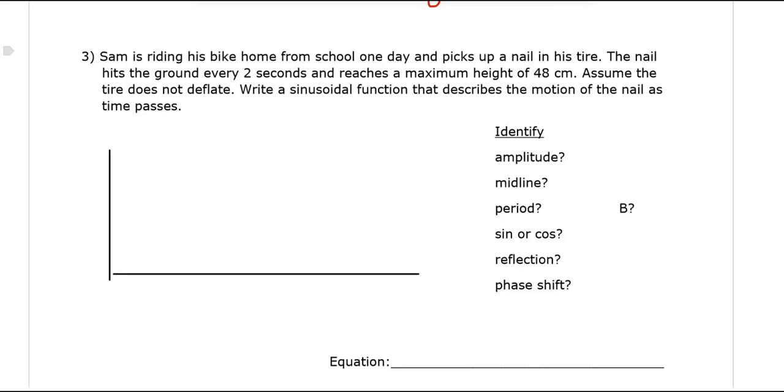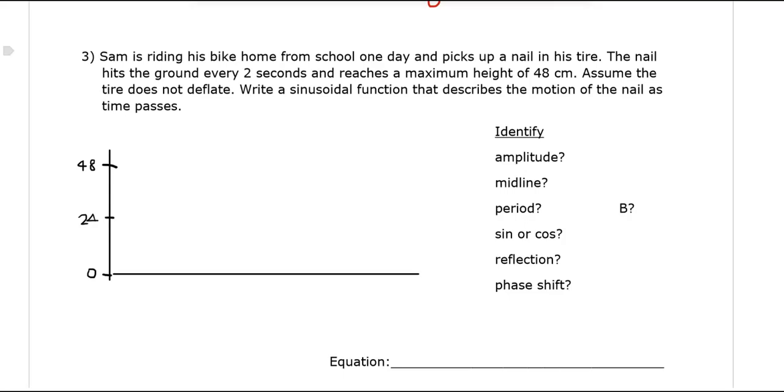It's hitting the ground, so it's going to hit the very bottom. So I don't have anything lifting my graph up or anything like that. So then I can just go ahead and start drawing on my y-axis. So the maximum height is 48 centimeters. So that would be 48 right here. That minimum would be the 0. And so then the midline would be 24, halfway in between. So that goes ahead and gets me this.